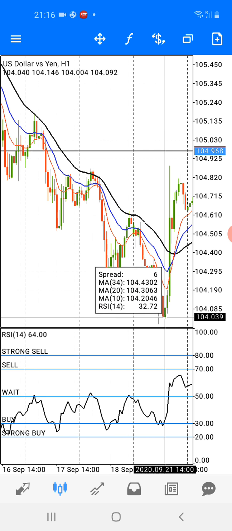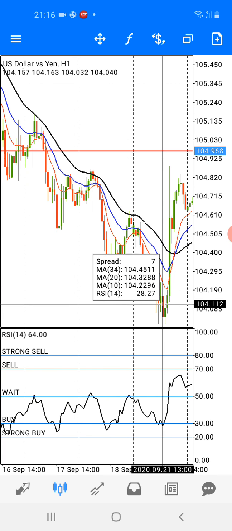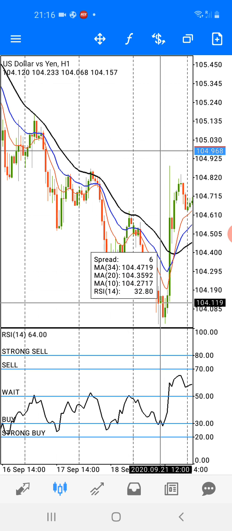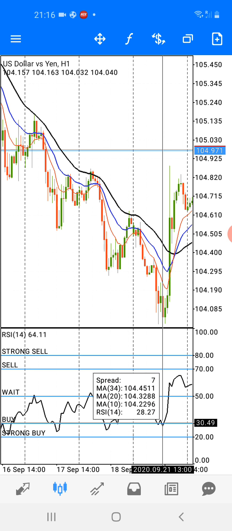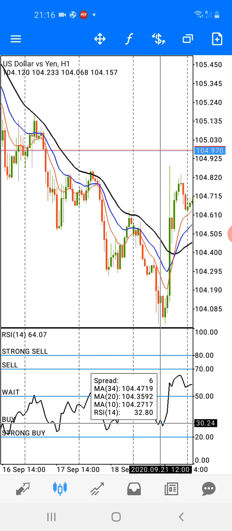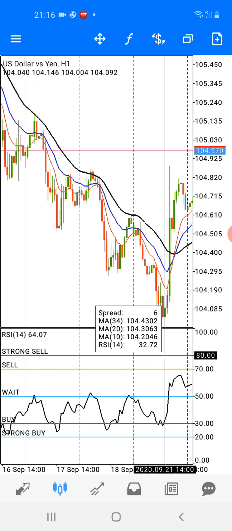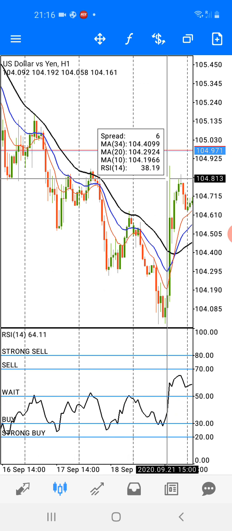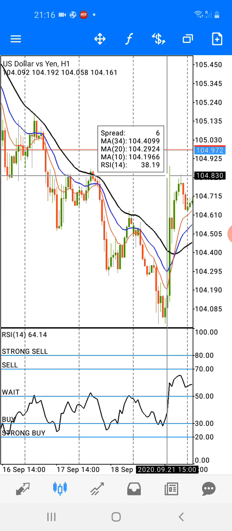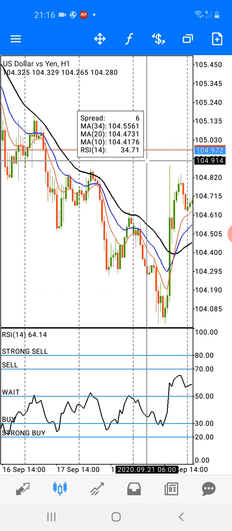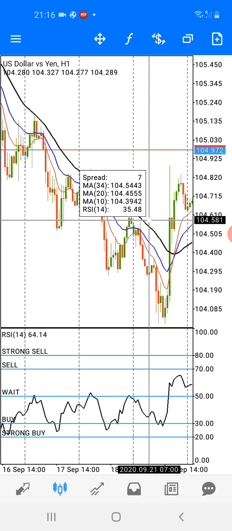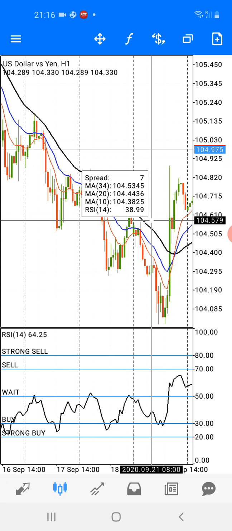So imagine if you did not take your profit when it got to the 30 buy level of the downtrend, and boom, it took you back. Of course, maybe if your stop loss is somewhere around here, it will take it off. So you'll be like, what happened? Whether the strategy failed you.